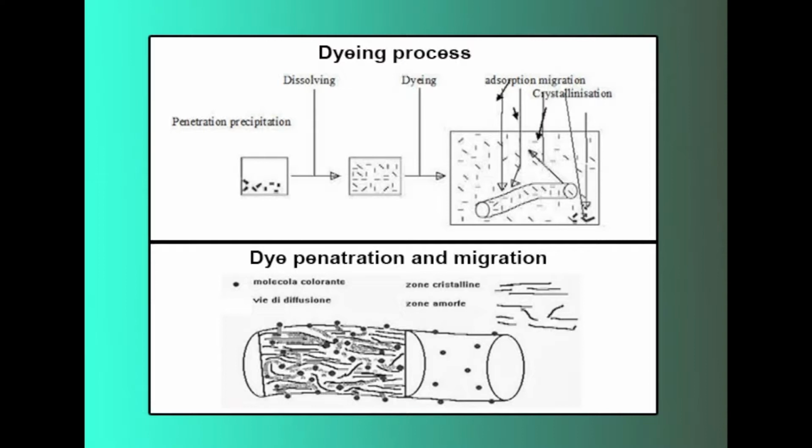Finally, fixation of the dye within the fiber is possible with covalent or hydrogen bonding or other forces of attraction between the dye molecule and the fiber polymer. So, this is the principle behind the coloration of the fabrics and the fastness of the dyes on the fabrics.